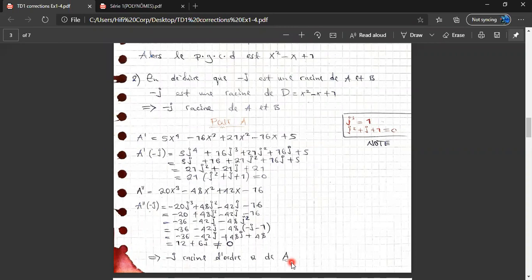Any questions? Repeat on the negative j. I have a question. Yes. So are you saying the negative j does not affect the constant, like the 5 and negative 16? No, what we're doing, this is a function.